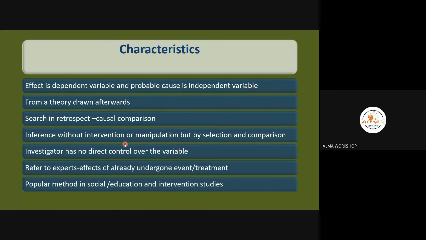You do this without any intervention. Another word for manipulation is intervention. Without any intervention, you are doing research, and the investigator has no direct control over the variable. We are not involved with the variable. You also refer to experts. Think about how the accident happened; you find out from the surroundings, environment, etc. So you refer to experts only; you are not directly dealing with it. Whereas in another experimental research design, you give a manipulation for class A and class B.